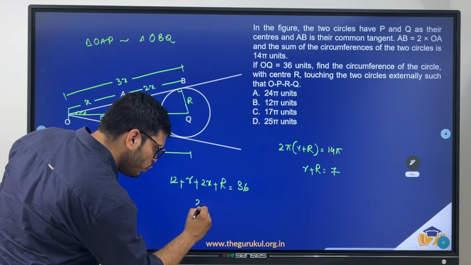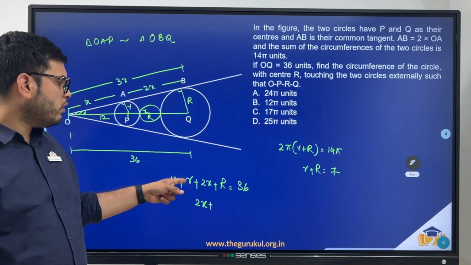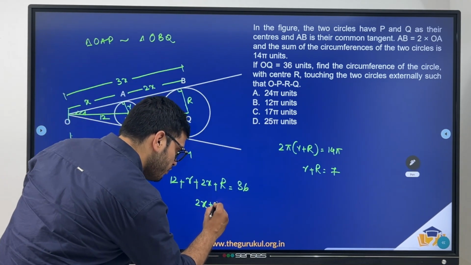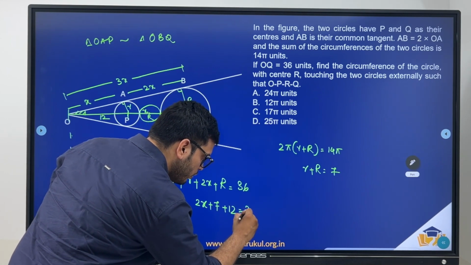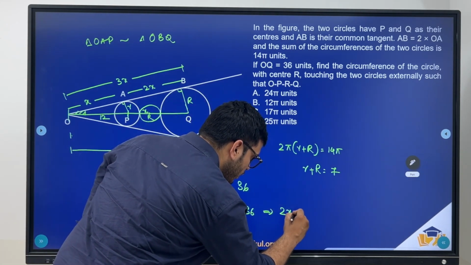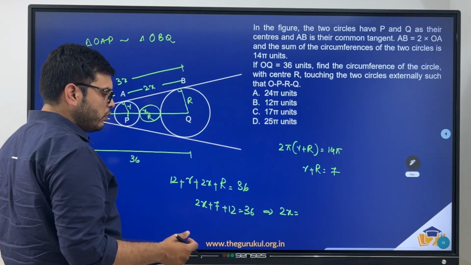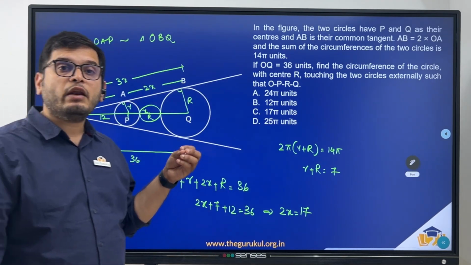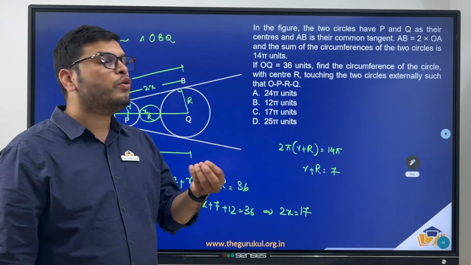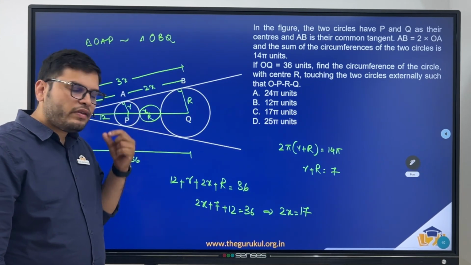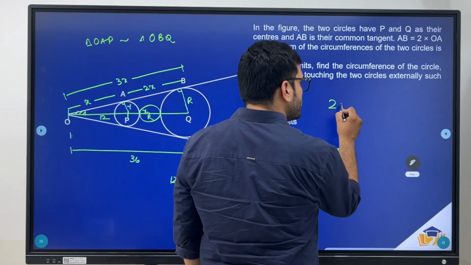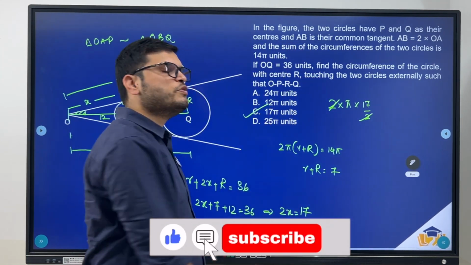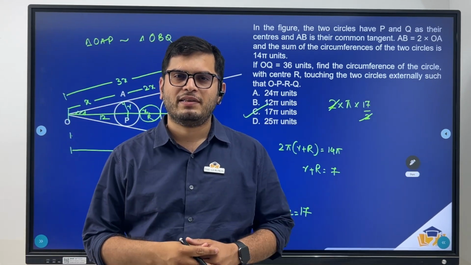So 2x plus, what is the value of r plus R? 7 plus 7 plus 12 is equal to 36, or this implies 2x is equal to 36 minus 19, 17, or the value of x is 17 by 2 units. So the radius of this is 17 by 2. So the circumference would be 2 into pi into 17 by 2, 17 pi. Hence option C should be the answer to this question.